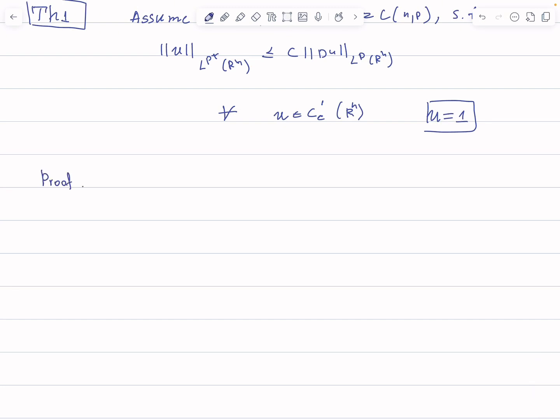The proof of this theorem we will do in 2 steps. In the first step, we take p equal to 1.